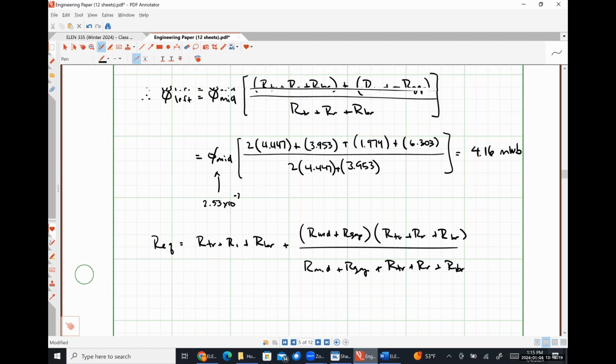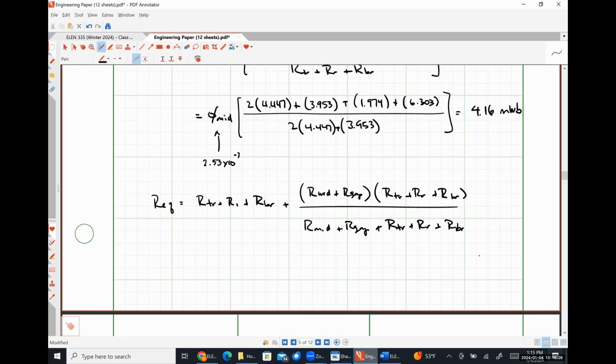So effectively, I'm saying the left branch in series with the middle branch and the right branch in parallel. And I'm putting numbers in there.